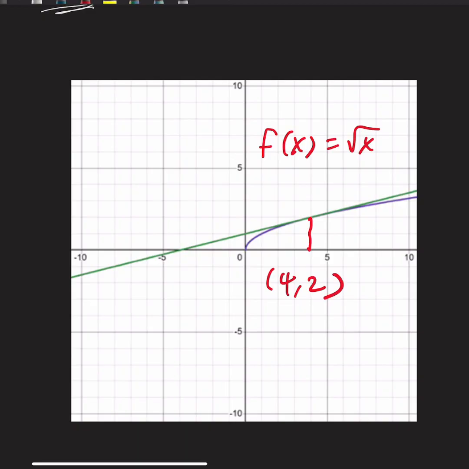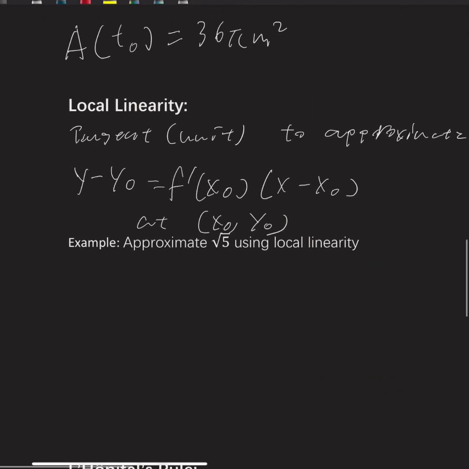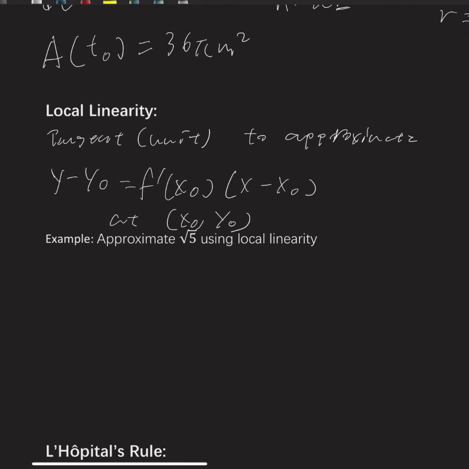Our goal is to approximate this point, the square root of 5. Because the square root of 5 is an irrational number, we cannot calculate it by hand. But by using a tangent line, we can approximate this value really well. So approximate the square root of 5 using local linearity. Let's say our tangent line function: f of x minus 2, that's y0.